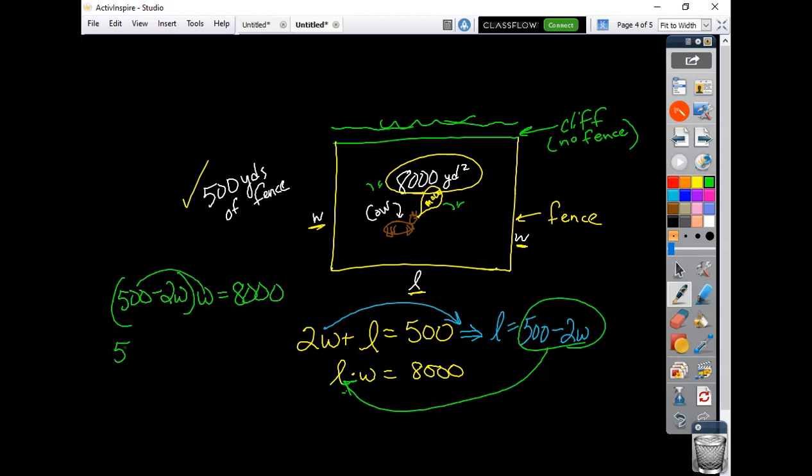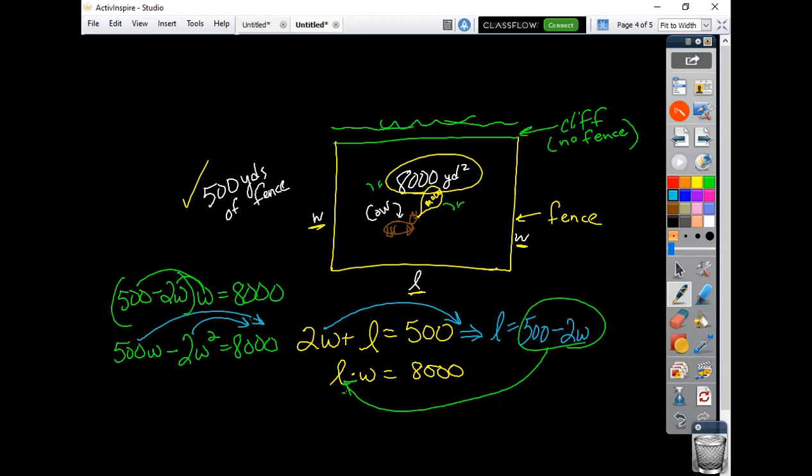Distributing the W here, distributing the W onto this 2W, W times W is W squared. And then, looks to me like all these numbers are divisible by 2 if we want to simplify this down. And then I'm going to move everything to that side at the same time.